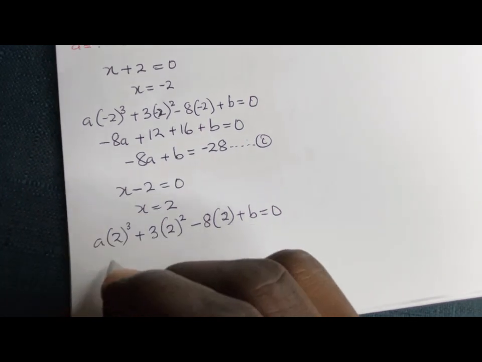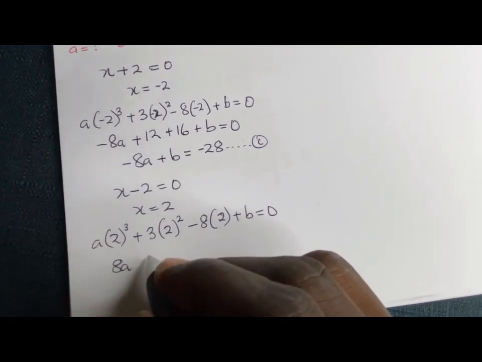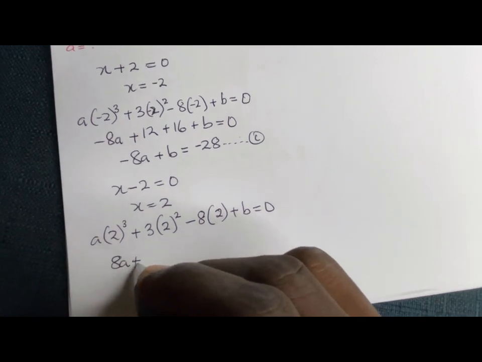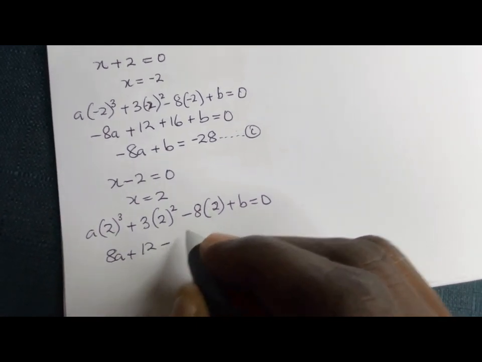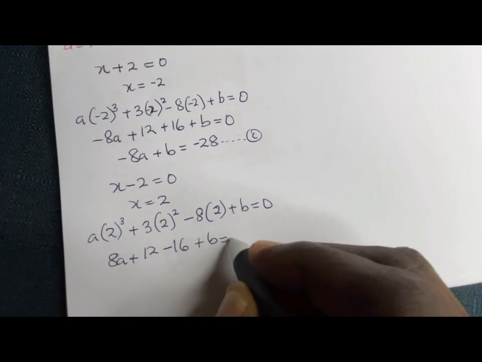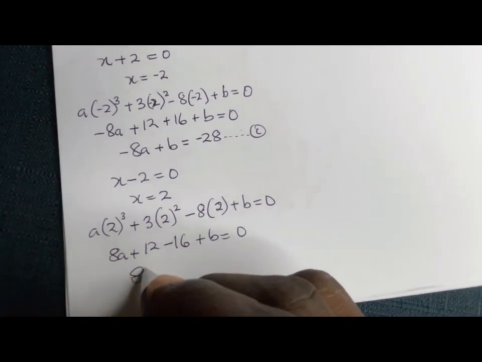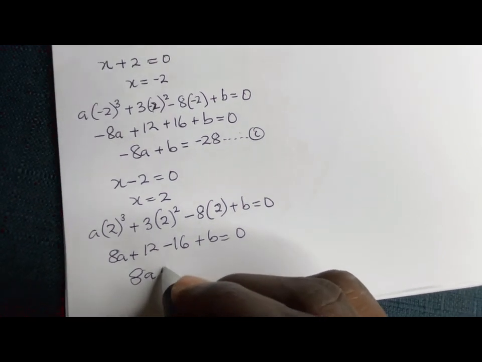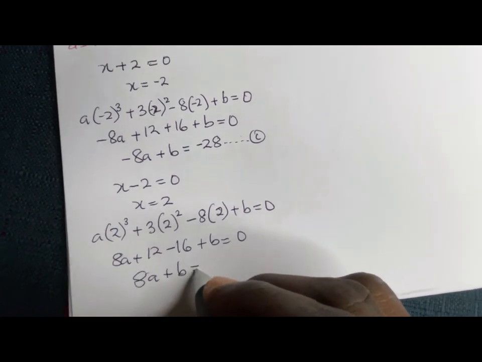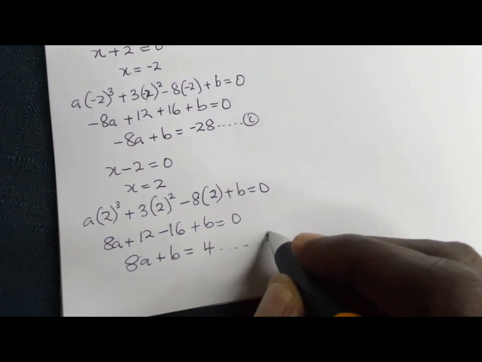So this should be 8a plus 12 minus 16 plus b equals 0. So we simplify this, so we get 8a plus b equals 4, and that should be equation 2.